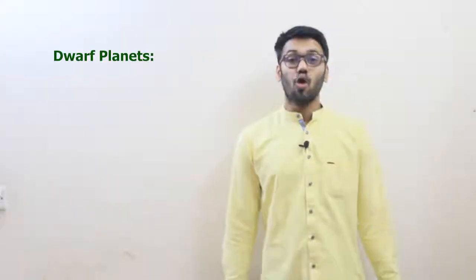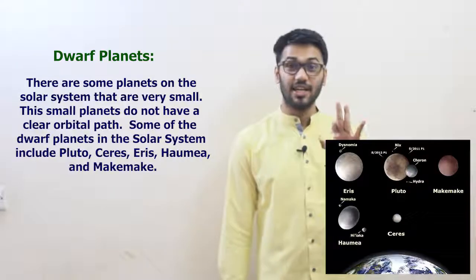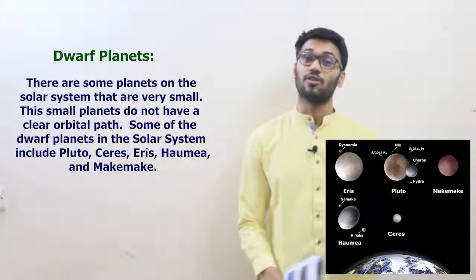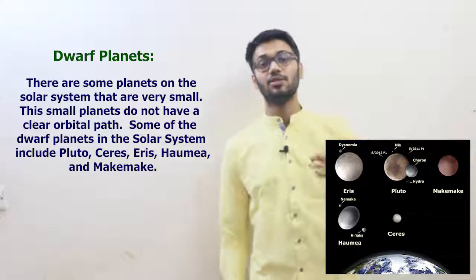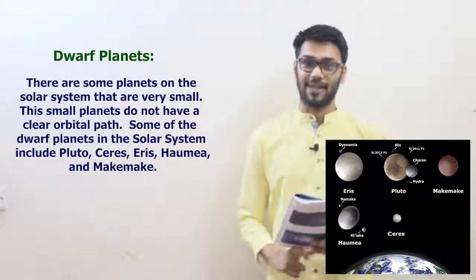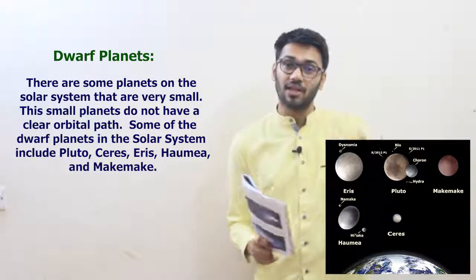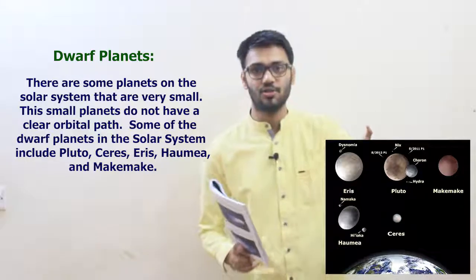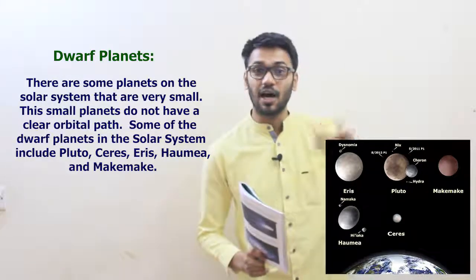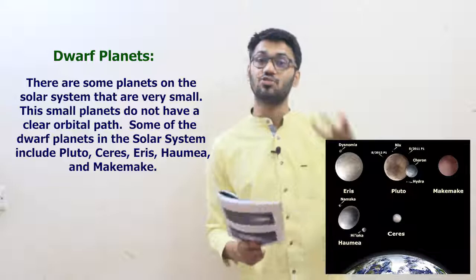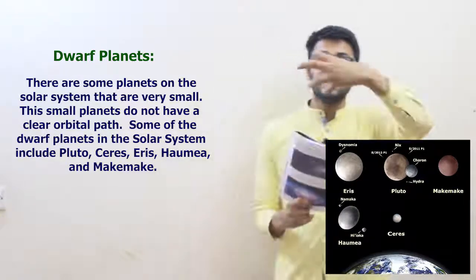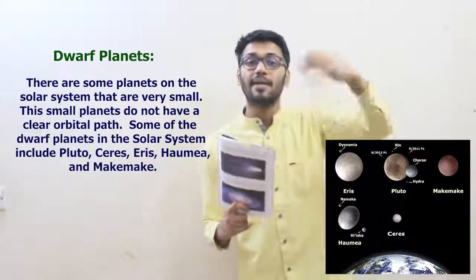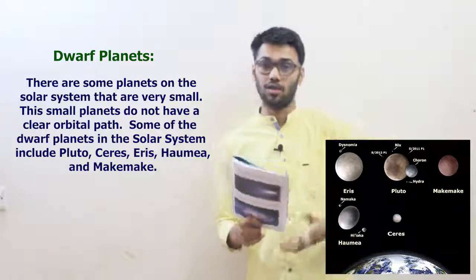Okay? Dwarf planets. There are some planets in the solar system that are very small compared to the other planets. Like the 8 planets we have talked about, they are not as big as those 8 planets. Rather, they are small. And these planets do not have a clear path.